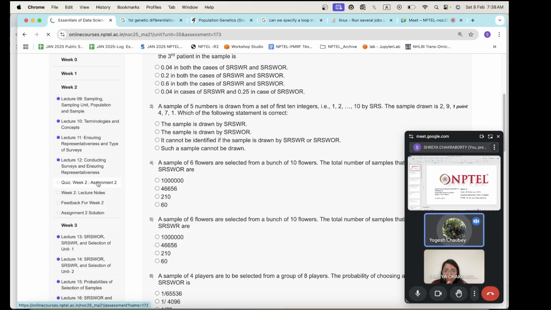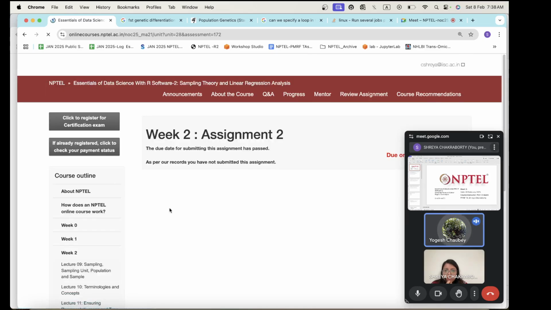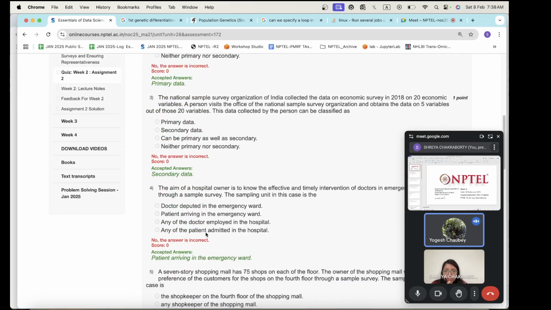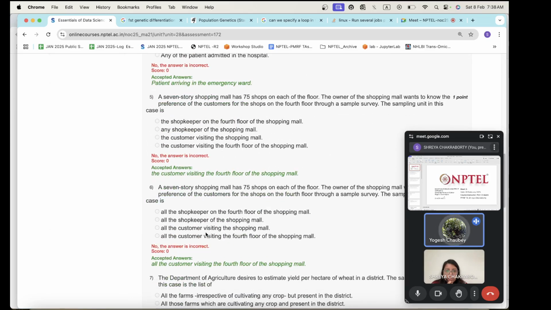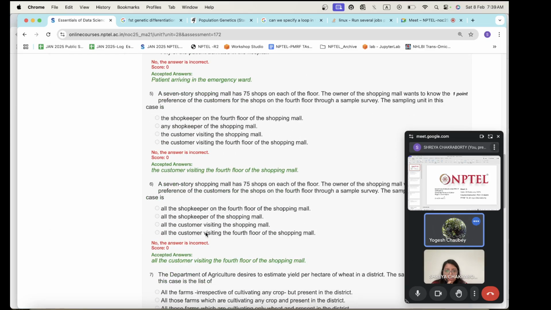I just guessed that all the customers who are coming to the mall will be giving preference, but the option was wrong actually. So two of the questions actually went wrong.